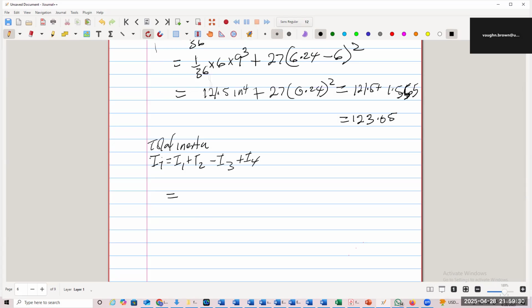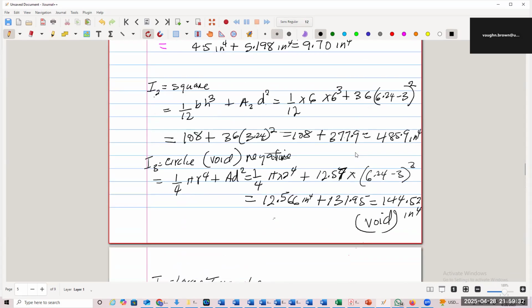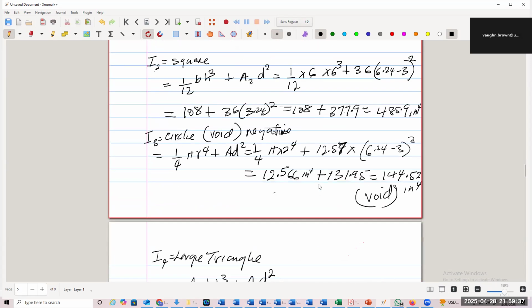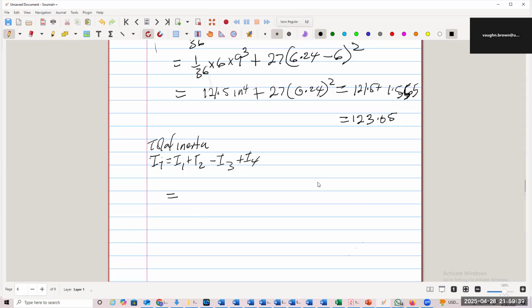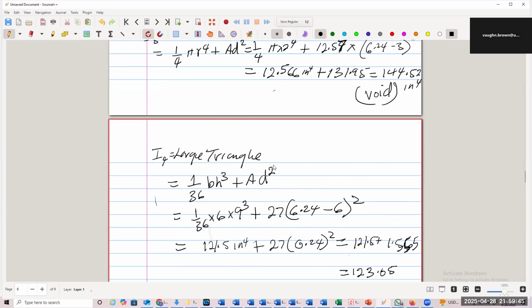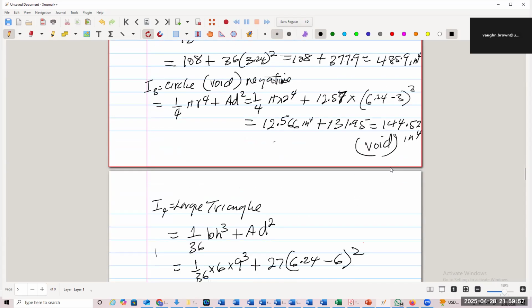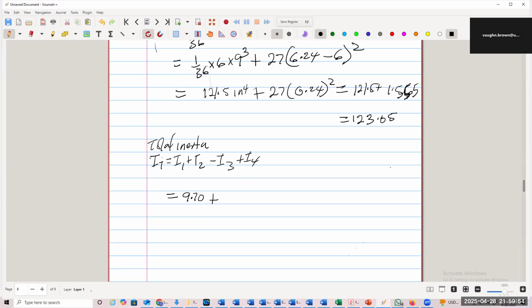So the first value, inertia 1, where is it? 9.70. Plus I2 for the small square, the square was 4859, and it was positive.